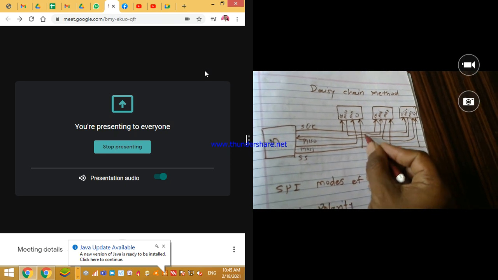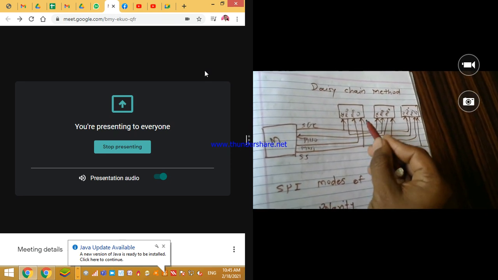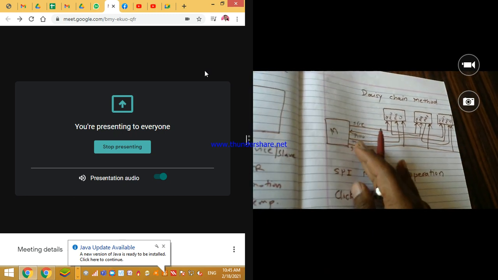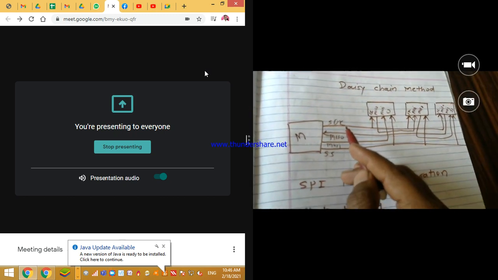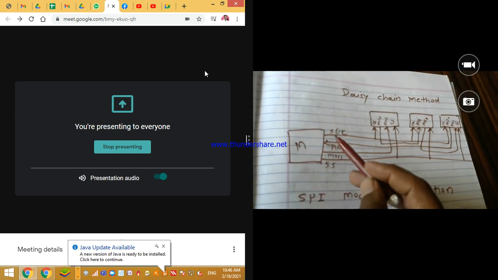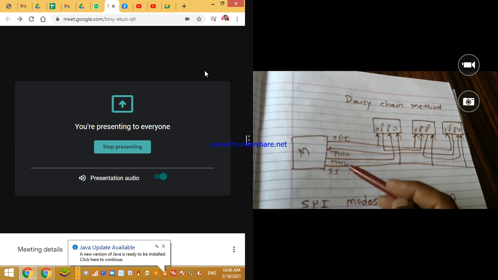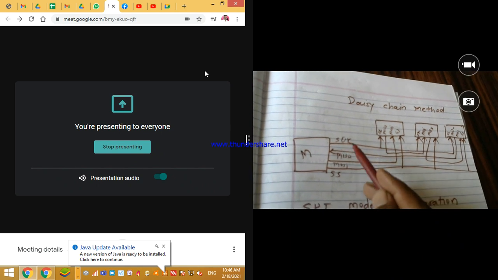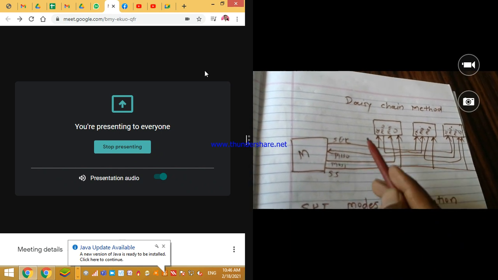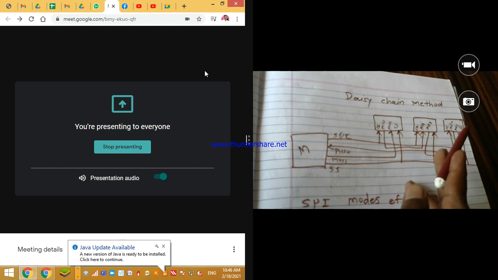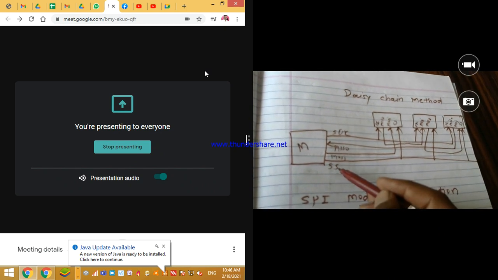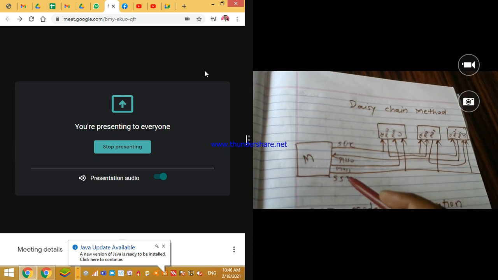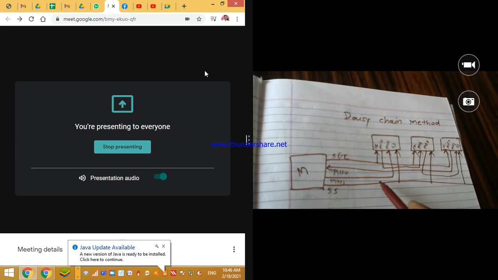There is some arrangement for MISO and MOSI pins. For SCK and SS, you can observe only one line, and through that line all three slaves are connected. For slave select also the same pattern is used, but for MISO and MOSI the pattern is different.